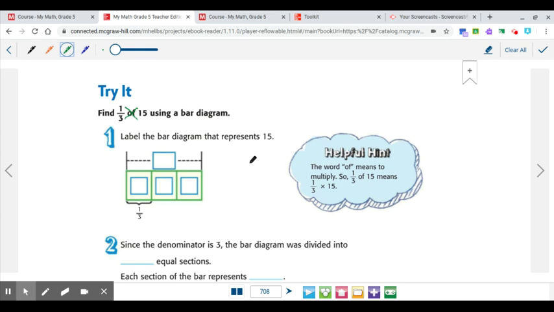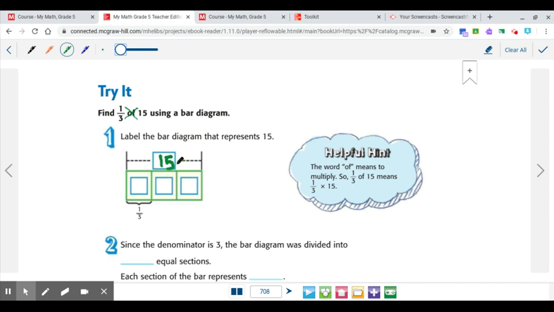So what's our whole number in this problem right here? And hopefully you're saying it's 15 because the other part is a fraction, right? So if this is 15, then we need to take that 15 and break it into equal pieces. And we know that equal pieces are going to be found in this denominator. So since there's a 3 here, we're going to break 15 into 3 equal pieces.